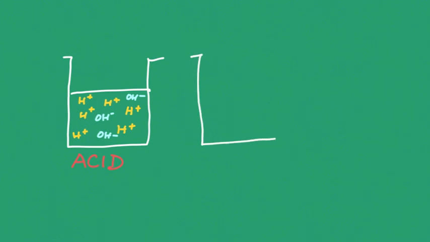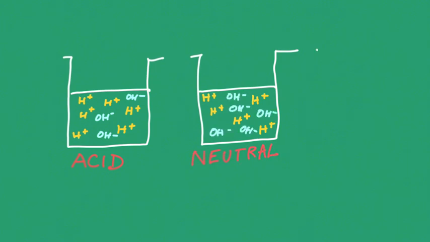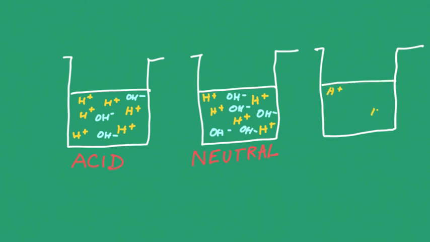In the next beaker, we have a neutral solution, so we should expect to see the same number of hydrogen ions and hydroxide ions. The third beaker has a basic solution. So here's the base, and so we would expect to see more hydroxide ions than hydrogen ions.